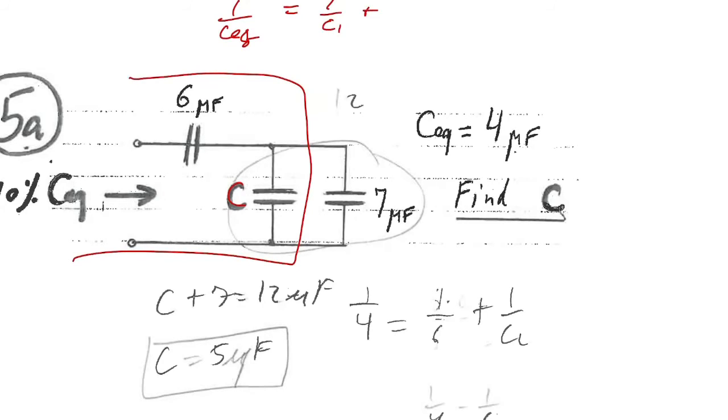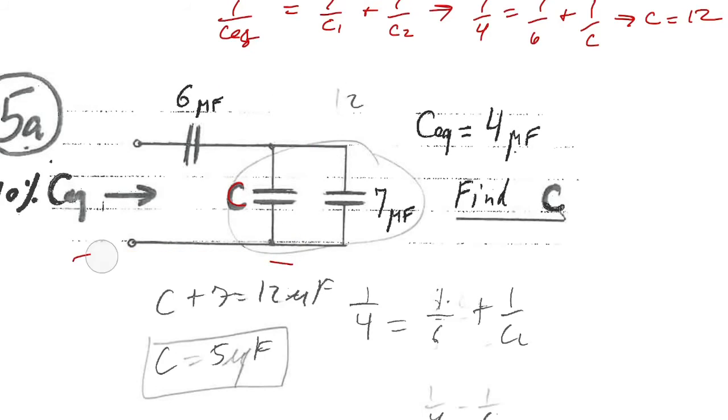CEQ is equal to 1 over C1 plus 1 over C2. And when we plug our values in, that'll give us 1 over 4, which is our CEQ, equals 1 over 6 plus 1 over C. And solving for that, C is equal to 12, but that's not our final answer because we still have that 7 over there.